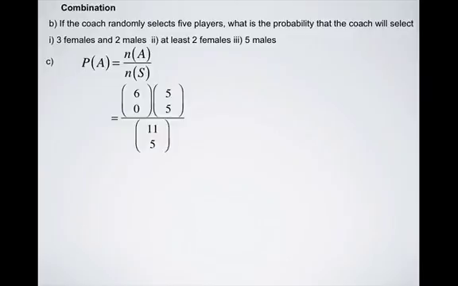So the probability that the coach will select 5 males will be the combination of 6 choose 0, which is the number of ways you could pick 0 females, times the combination of 5 choose 5, which is the number of ways the coach can pick 5 males out of the 5, over the combination of 11 choose 5, which is 1 over 462, which is approximately equal to about 0.22%, or 0.0022.